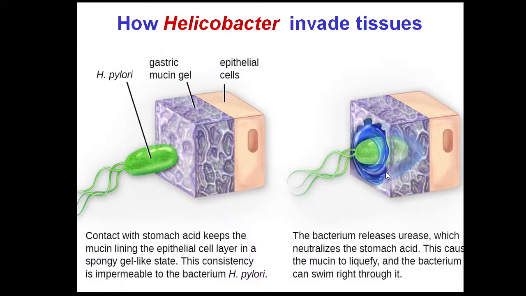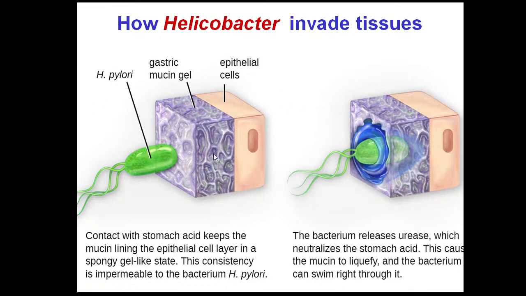Then we mentioned already the flagellum, right? Now you can see Helicobacter pylori and how it may invade the tissues. Usually contact with stomach acid keeps the mucin lining the epithelial cell layer in a strong gel-like state.